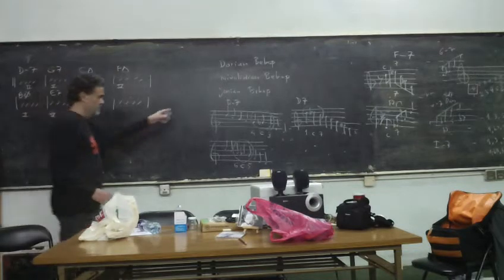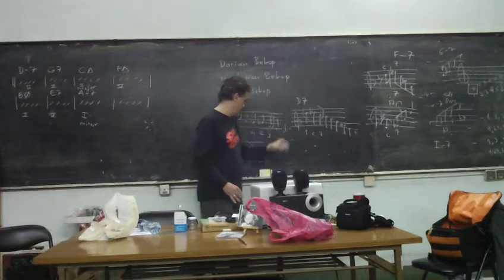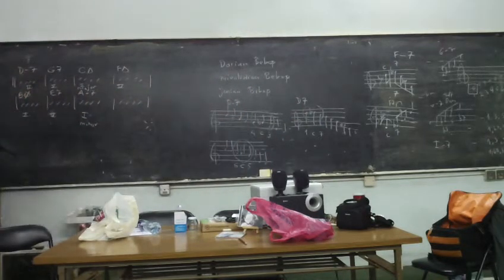Here is the third of this chord, here is the seventh, here is the fifth. So it goes into the important note of the chord. In the minor it goes into the minor third, in the seventh it goes into the seventh, and in the major it goes into the fifth as an important note.